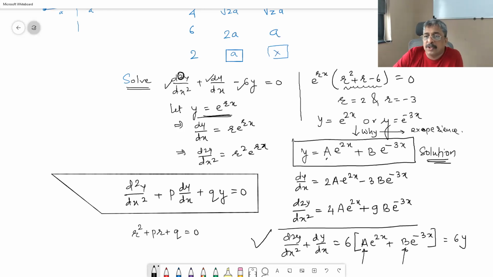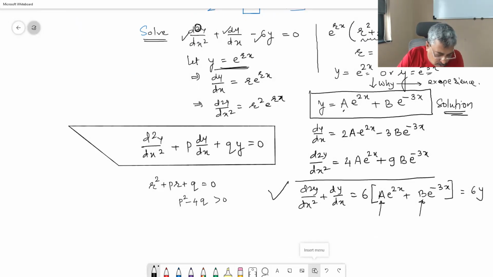So the discriminant of this quadratic was greater than 0, and therefore we got two distinct solutions. So depending upon p square minus 4q, if greater than 0, two distinct solutions like this, and the final solution will look like y is equal to a e raised to r1x plus b e raised to r2x, where r1 and r2 are the roots of this, if both are real.